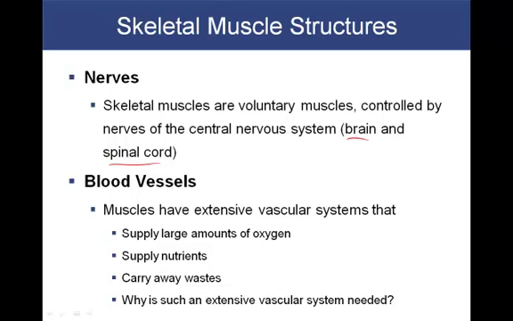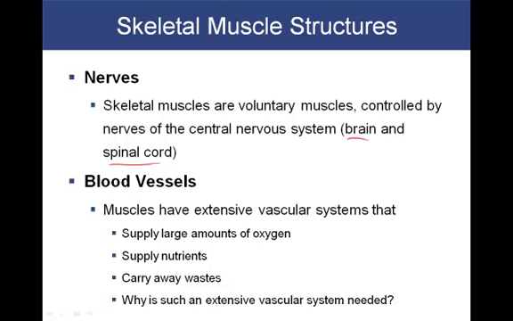They're going to need a large amount of oxygen. Again, we saw back in Module 2 the importance of oxygen and the aerobic respiration and the generation of ATP. And it's going to need a way to rid itself of waste products.